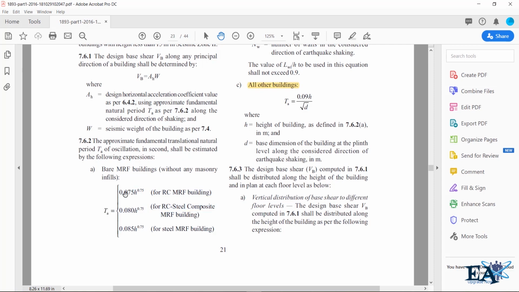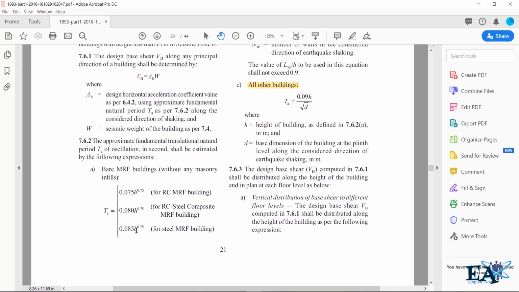So Ta is 0.075 times h to the power 0.75, where h is the height of the building from the ground to the top. If it's an RC MRF building, RC means reinforced concrete and MRF is moment resisting frame building. If it's RC and steel, you use this formula.